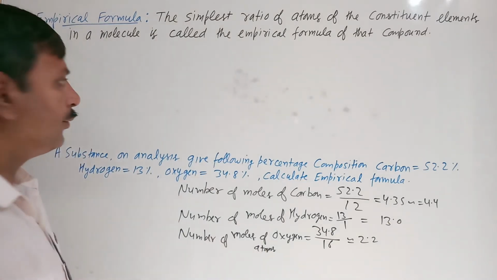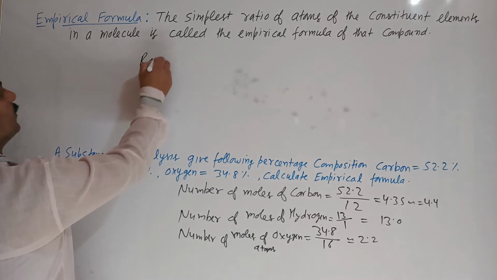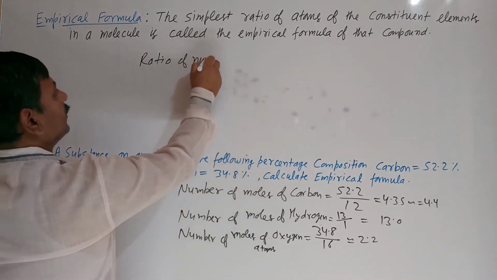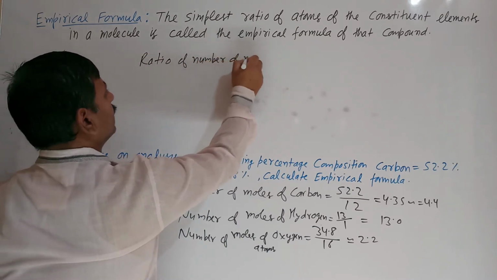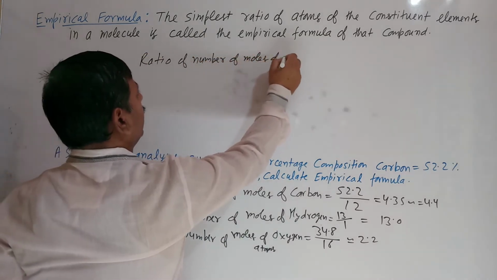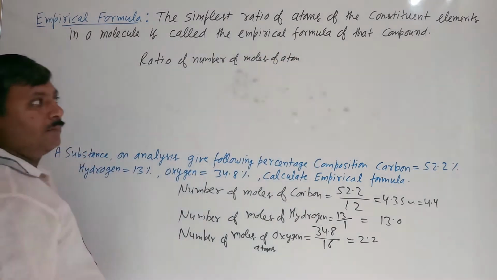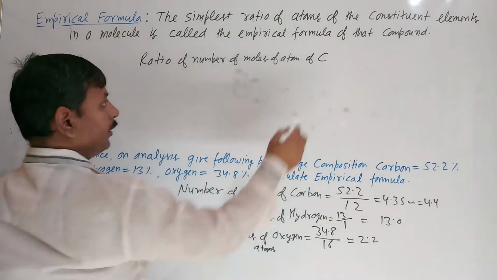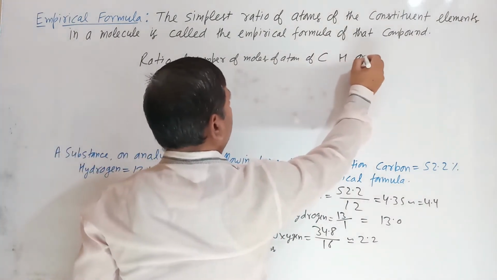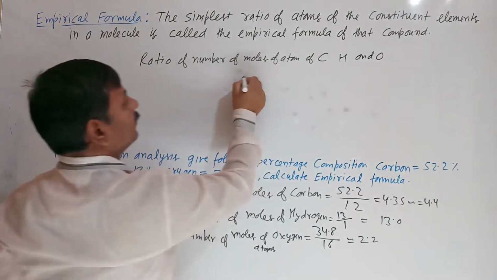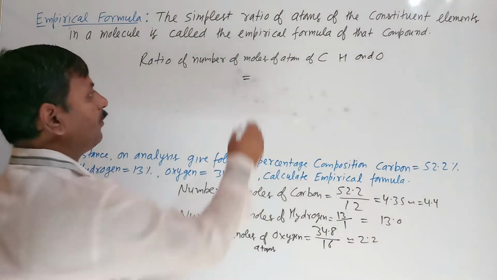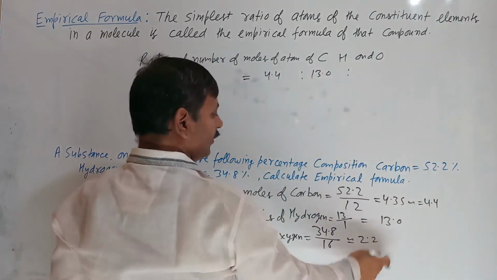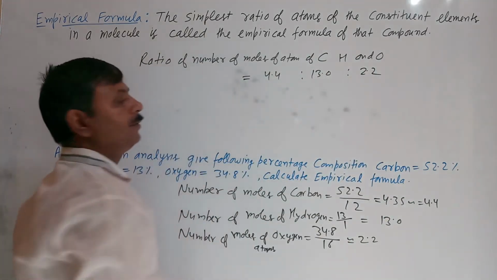Formulate the simple ratio of the number of moles of atoms of carbon, hydrogen and oxygen. That will be 4.4, 13.0, 2.2.